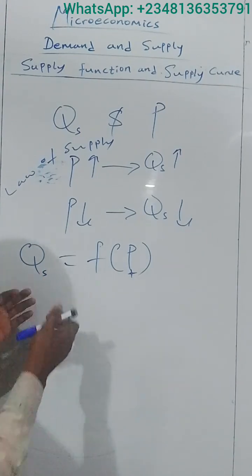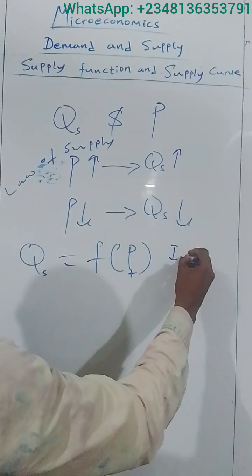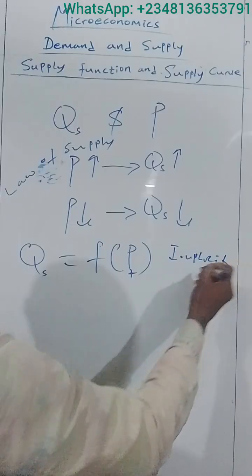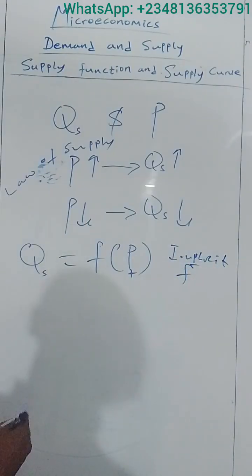But this function is an implicit function, because it does not show the form of the mathematical equation, whether it is linear or non-linear. We usually express the supply curve in linear form, although we might also have non-linear form in some cases, but most of the time we express it in linear form.